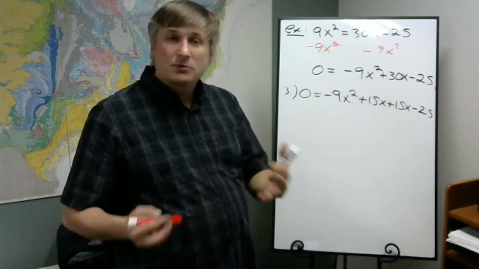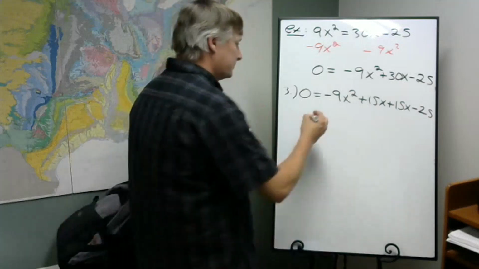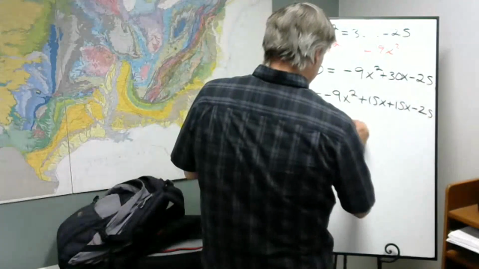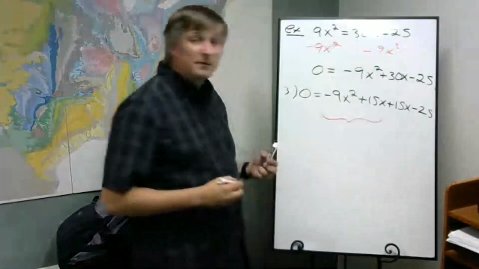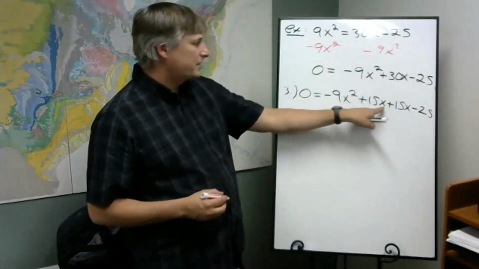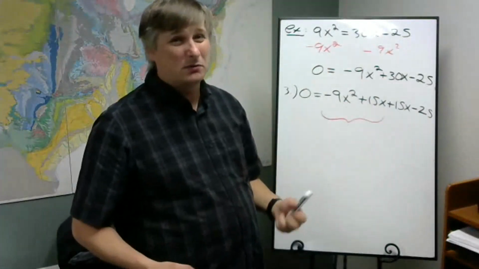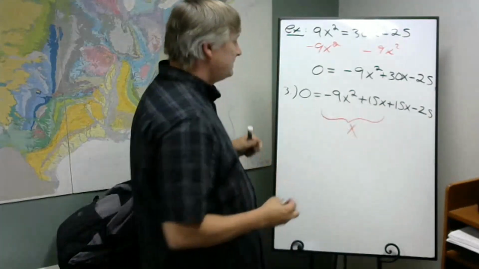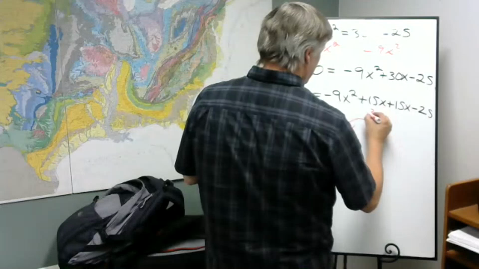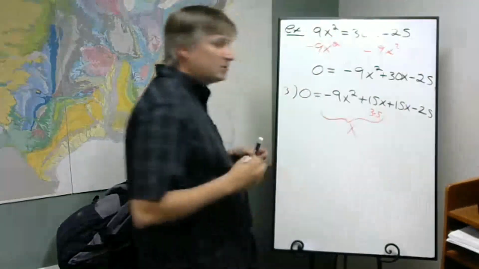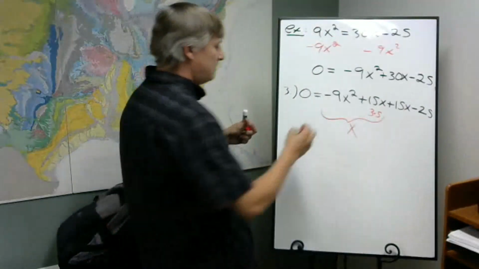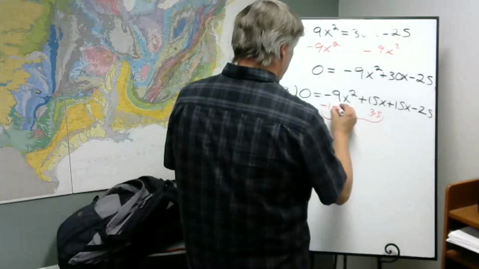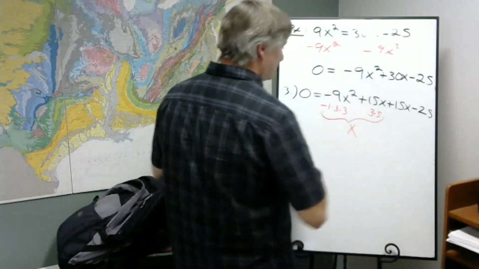So let's approach this by grouping. First group. Let's look at the variable. X squared and an x, we can at least get an x from both terms. So far, so good. Now this is 3 times 5. This is minus 1 times 3 times 3.